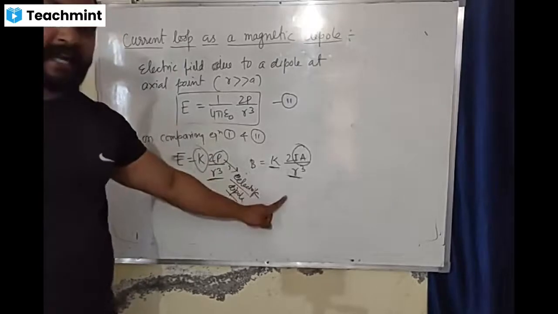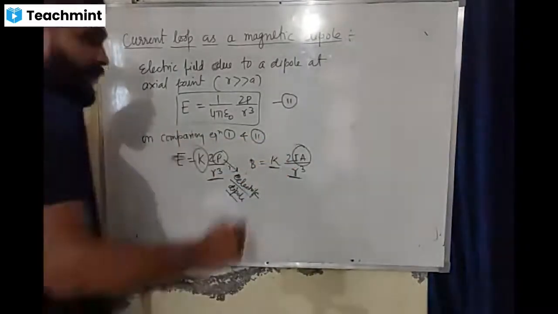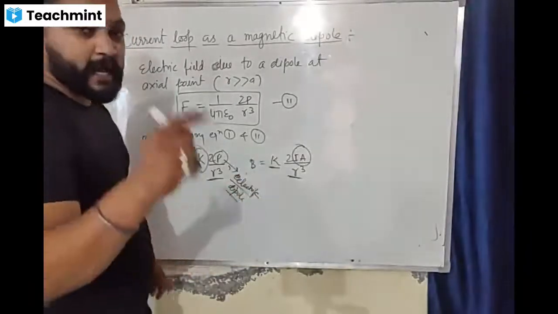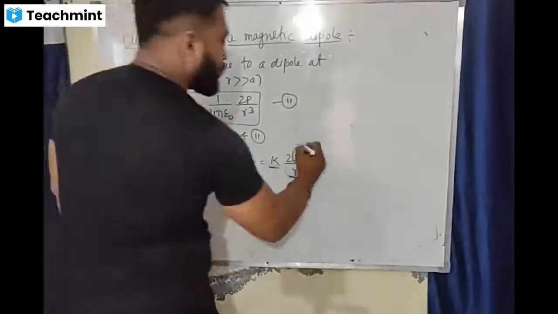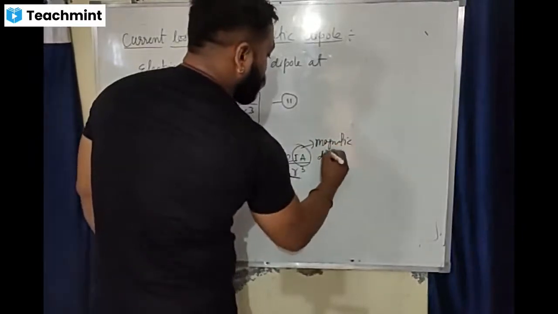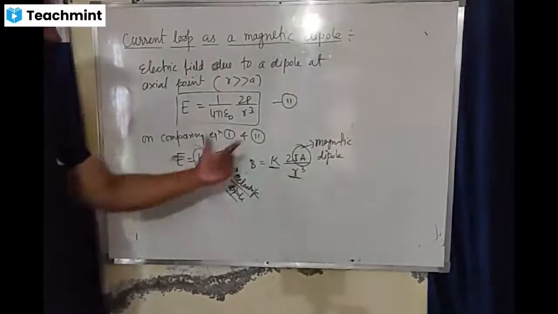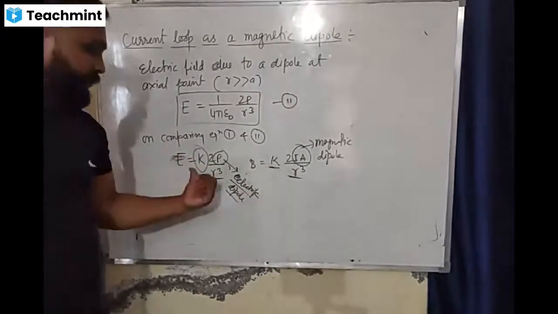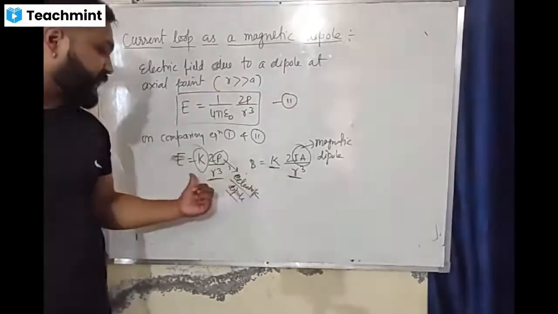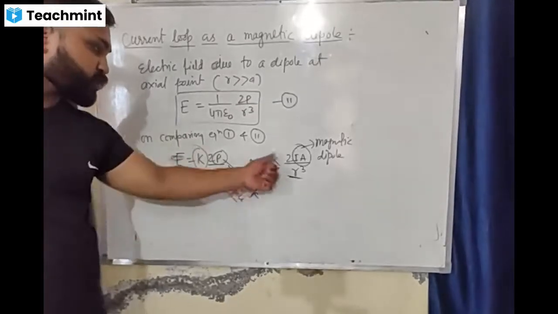So we can say that from here this term I into A can also behave as a dipole. But which type of dipole? It will behave as a magnetic dipole. If you really compare both equations, E for electric field, B for magnetic field, K for constant, here also K constant, R cube is here, 2 is here.